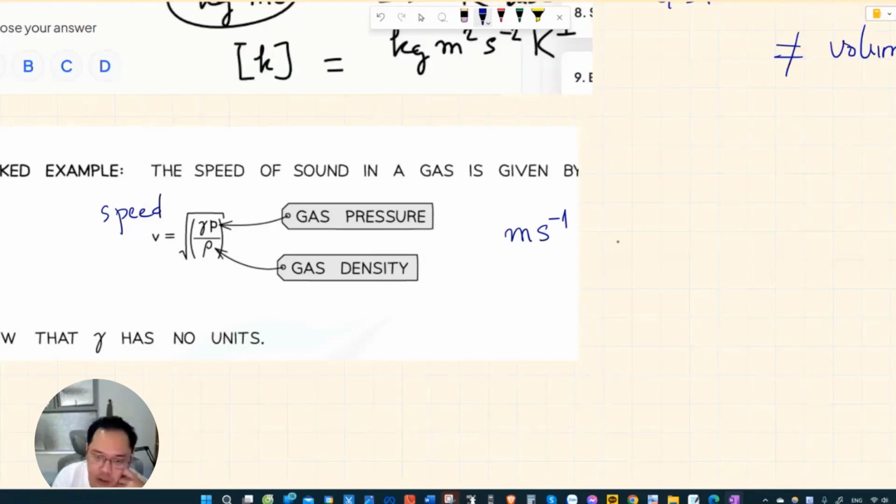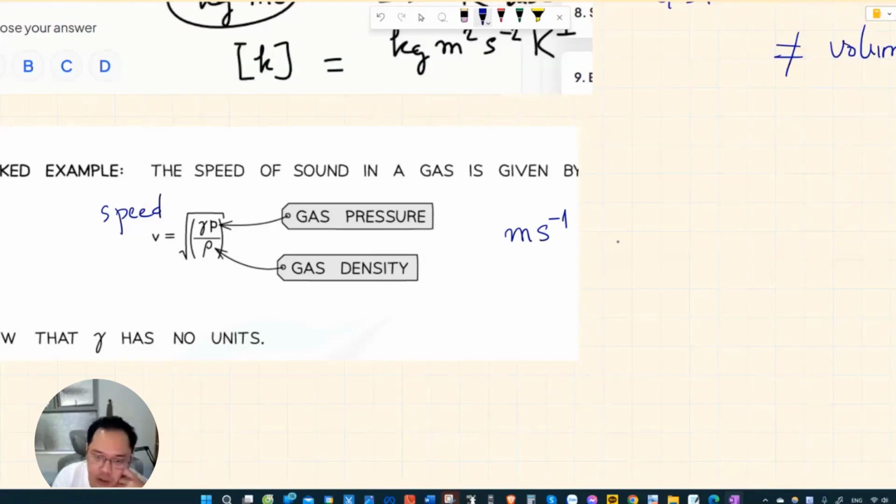Newton per meter squared for the pressure is equal to, Newton here is force, ma, kilogram times meter per second squared, and then times meter minus 2. So simplifying, multiplying m and m minus 2, we get kilogram meter minus 1 second minus 2.